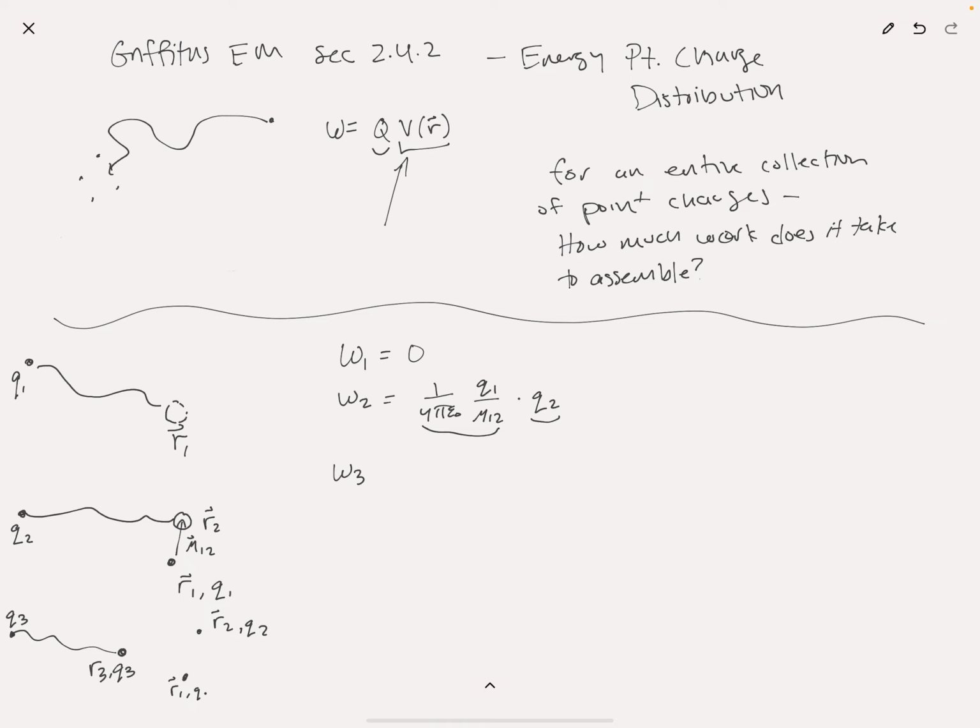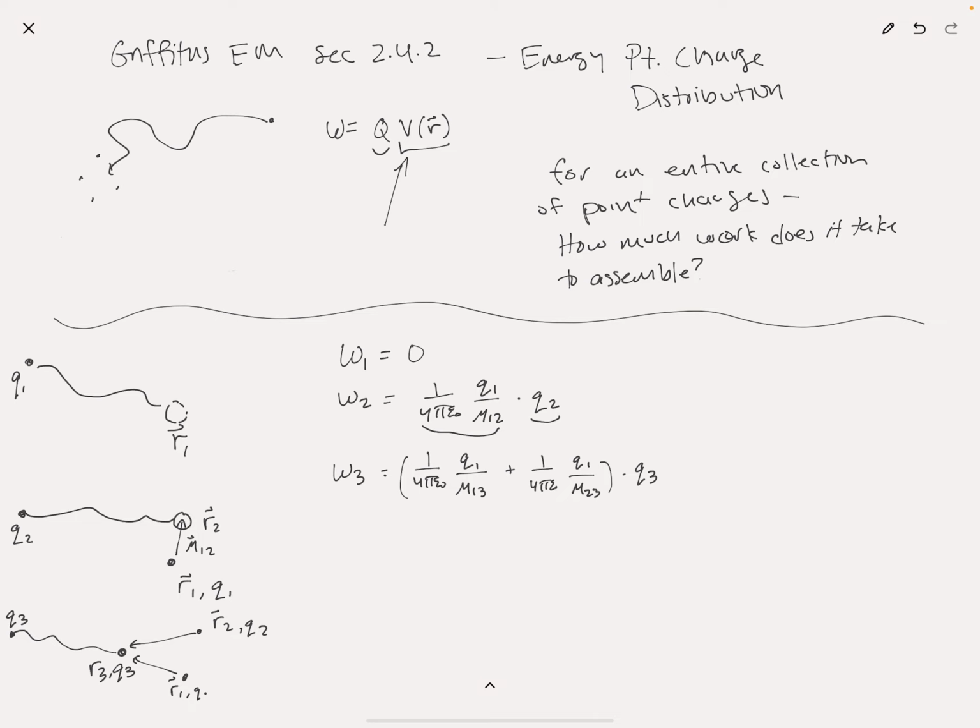Now it feels the potential from both of these point charges. So that's 1 over 4 pi epsilon naught Q1 over script R13 plus 1 over 4 pi epsilon naught Q2 over script R23, all times Q3. You can see if we do this a lot of times, it's going to be a pain.